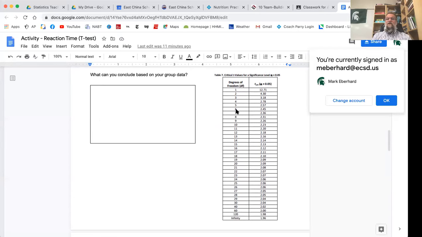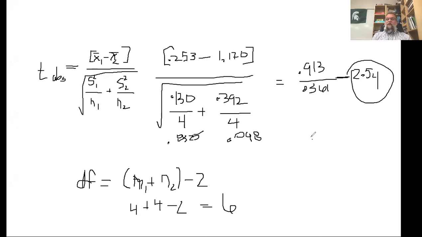So that's my T crit, my T critical value of 2.45. I'm going to switch again, go back to my whiteboard. So T critical equals 2.45.